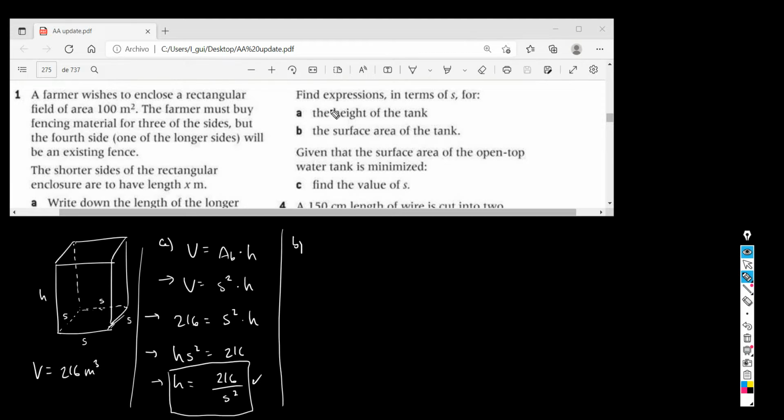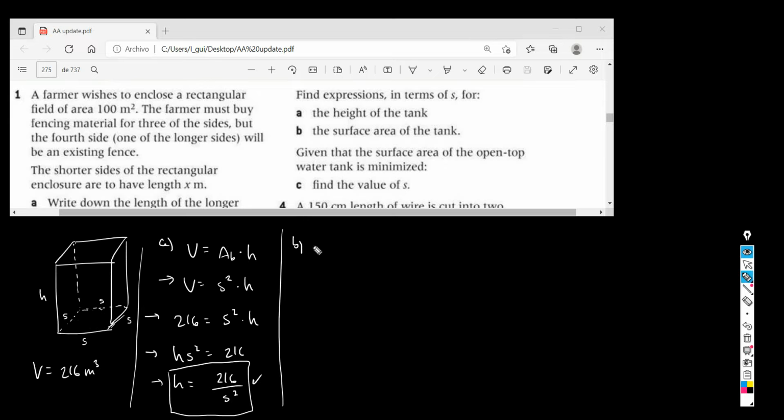Next, B, find an expression in terms of S for the surface area of the tank. So what is the surface area? It's basically the area of the base plus the four walls: this is the first wall, the second wall, the third wall, and the fourth wall. We have four equal walls, the same rectangle, plus the area of the square.